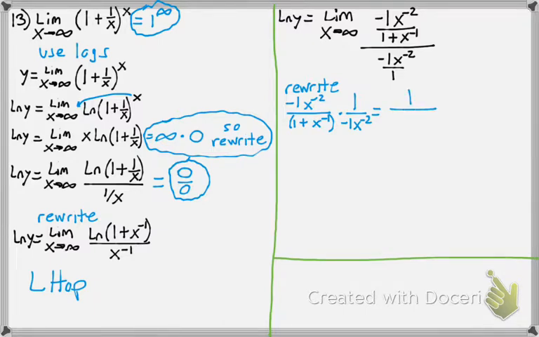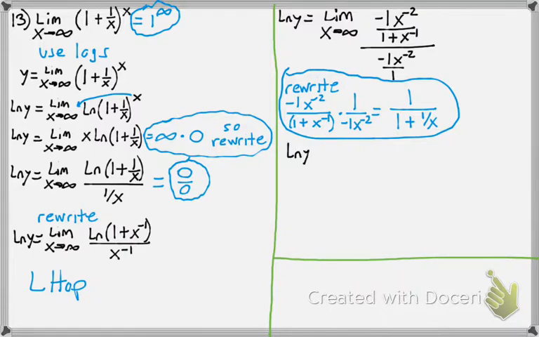So you're just left with 1 over 1 plus 1 over x. This is kind of an important step. So what I have now is ln of y is equal to the limit as x goes to infinity of 1 over 1 plus 1 over x.